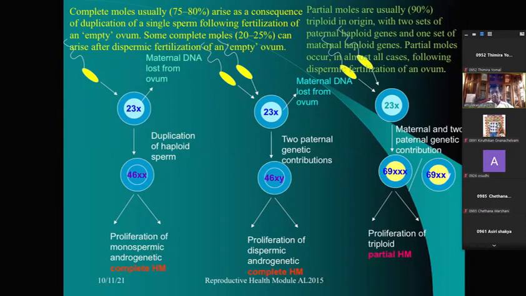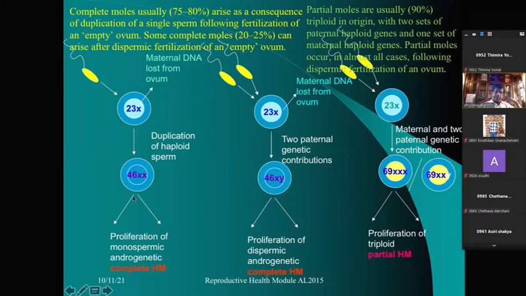If two sperms get into an egg and the genetic material within the egg gets lost or ejected, then two sperms getting in means all will be from the man. Okay. Then you have this called dispermic situation, with all the genetic material from the man, and this also will lead to an abnormal proliferation of the placenta. Okay.